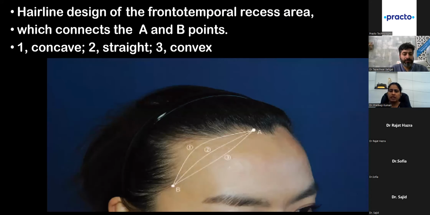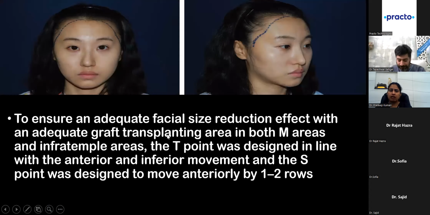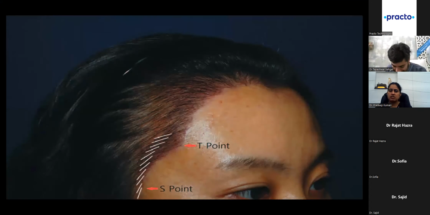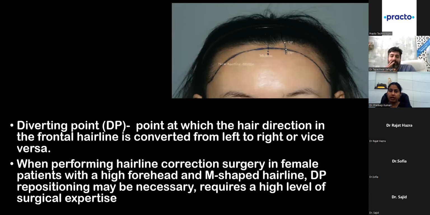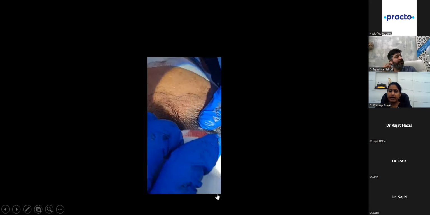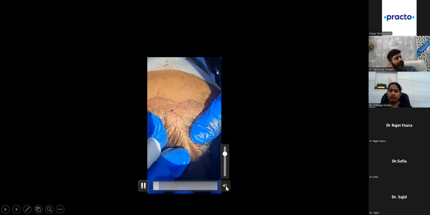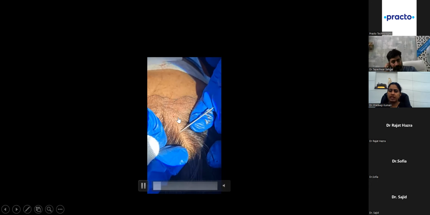Once these markings are done, the hairline is decided, either convex, straight line, or slightly concave. Then we go ahead and mark out and determine how many grafts are to be taken. This is what I talked about as the temporal peak point. In females, we also have to do the implantation many times without trimming these areas.